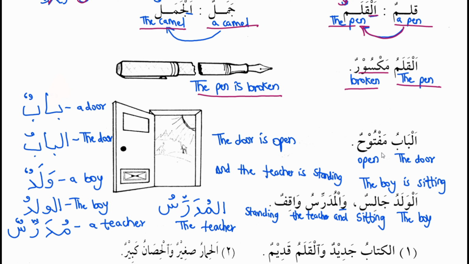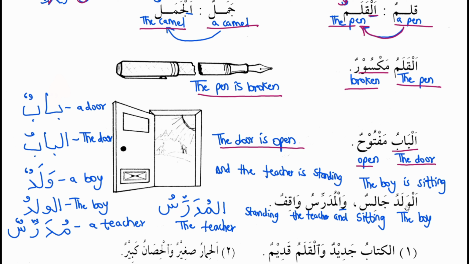Al-babu means the door. Maftuhun means open. Final translation is the door is open.